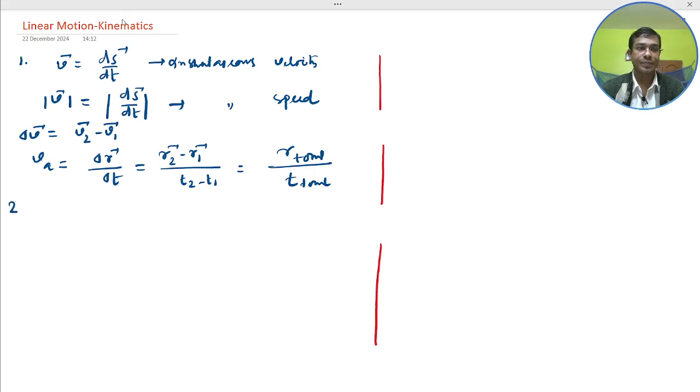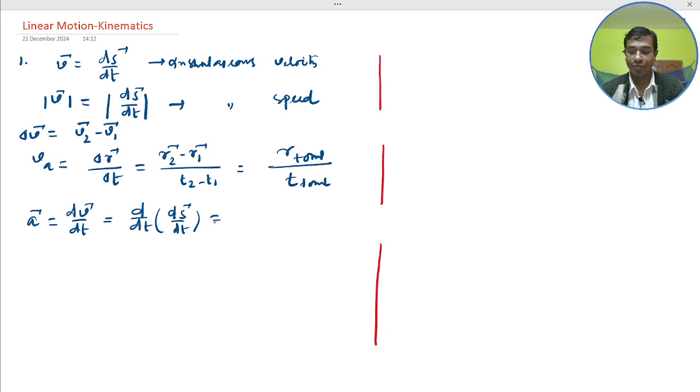Next one is the instantaneous acceleration. Instantaneous acceleration would be dv/dt, the rate of change of velocity, defined as d/dt of v, meaning d/dt of ds/dt, is equal to d square s by dt square.